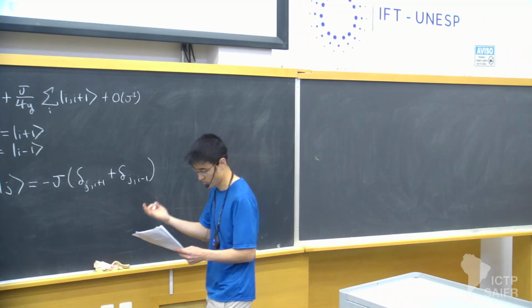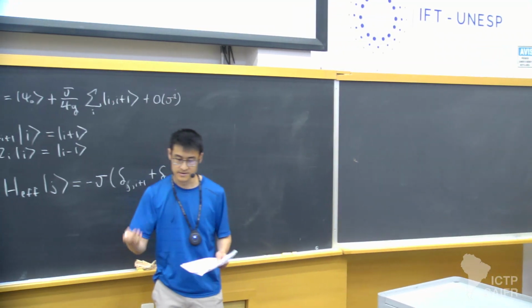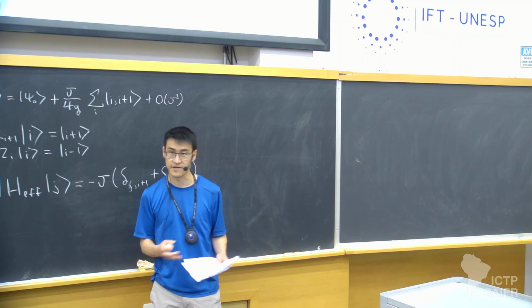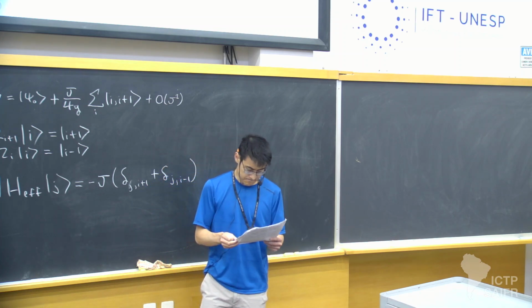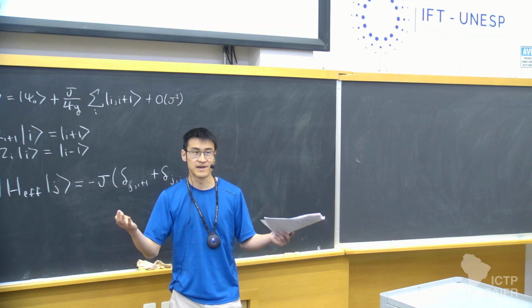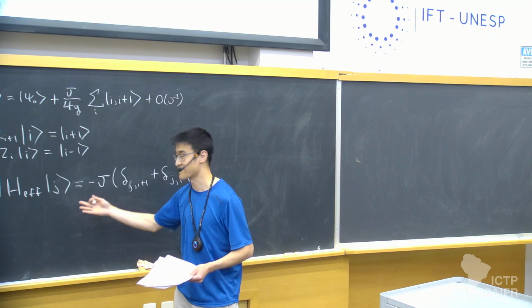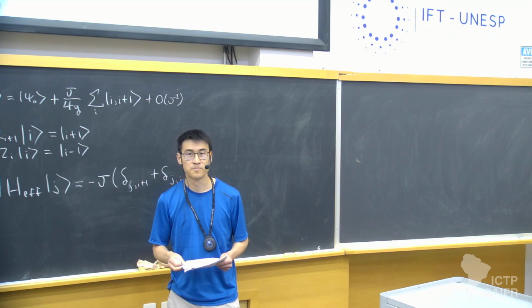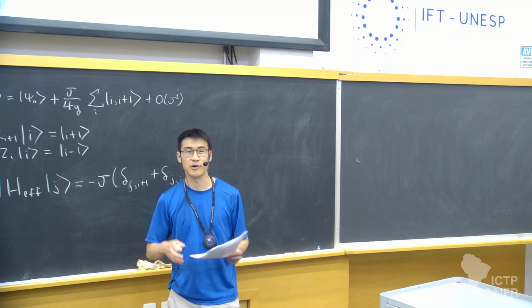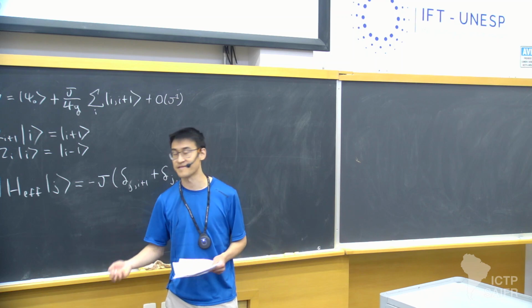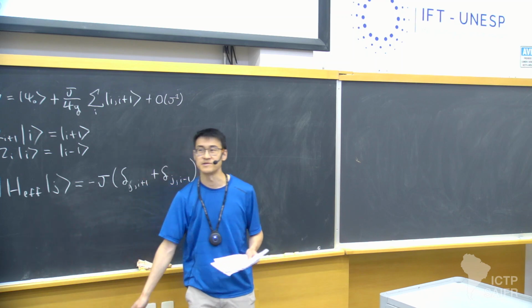Okay, so this is a simple hopping Hamiltonian in this set of L states. So can anyone tell me how we can diagonalize this effective Hamiltonian? Like, how can we construct eigenstates for this Hamiltonian?